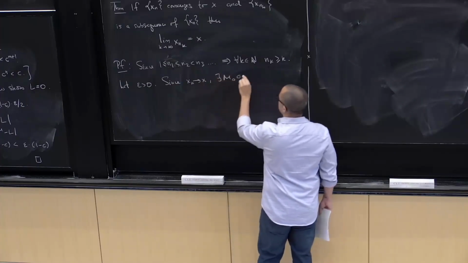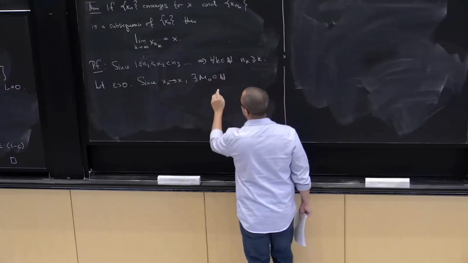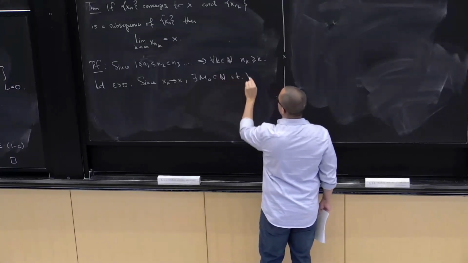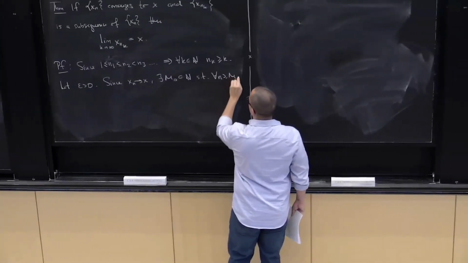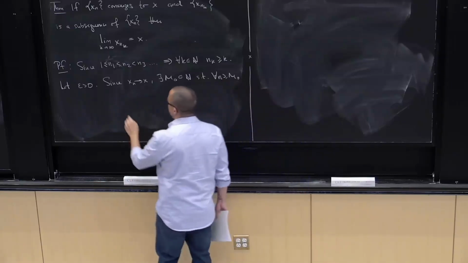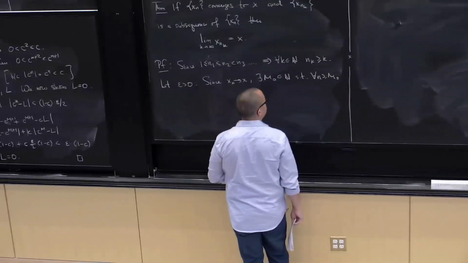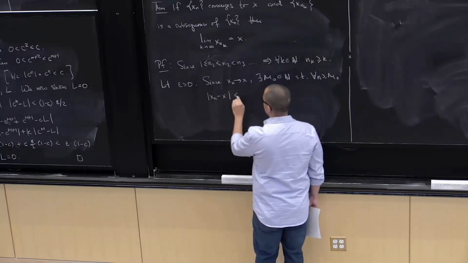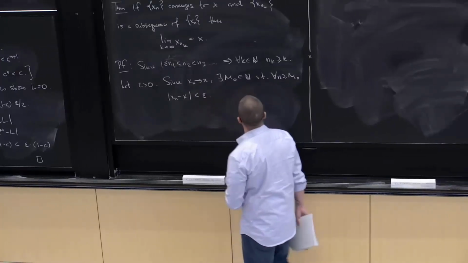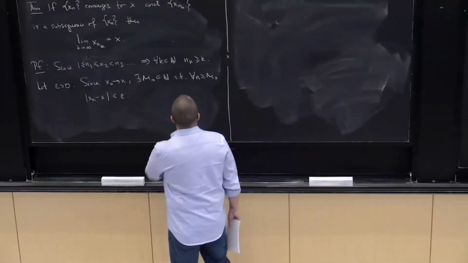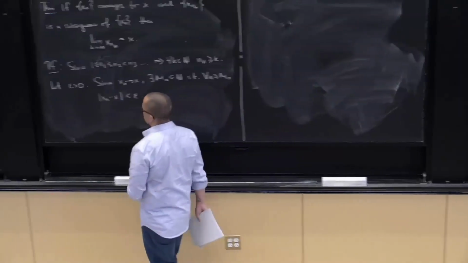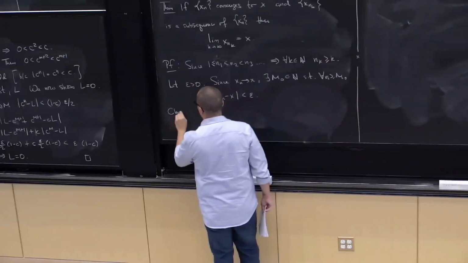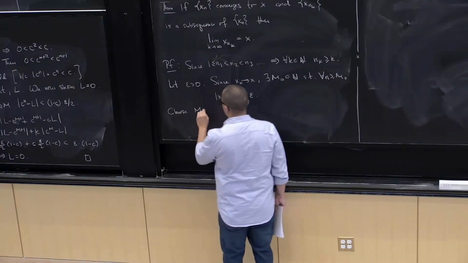There exists a natural number m naught such that for all n bigger than or equal to m naught, the absolute value of x sub n minus x is less than epsilon. This m naught we'll choose for our subsequence. Choose capital M to equal m naught.